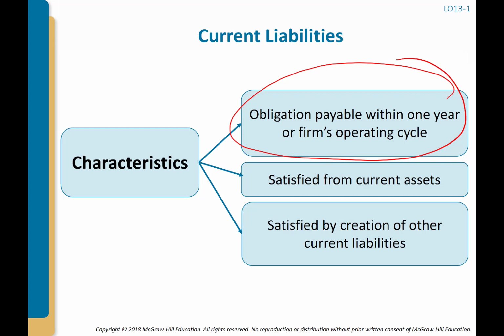If we're talking about a winery, it might take a couple of years to turn grapes sitting in a field into what? Into cash. So in that case, we could indeed have something listed as a current liability that would not be liquidated in, say, 2 years because of a longer operating cycle. So you select whichever is longer, the operating cycle or 1 year.